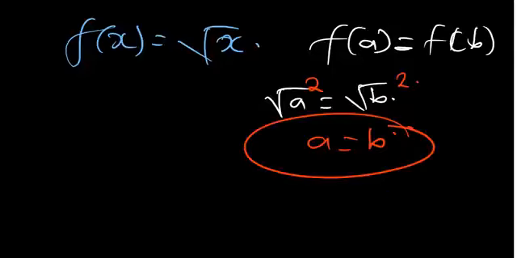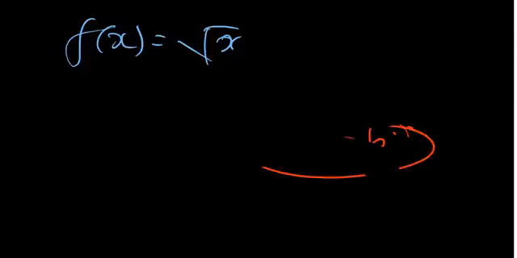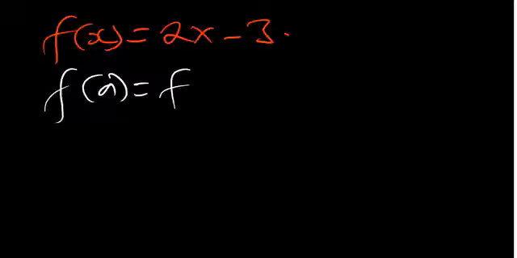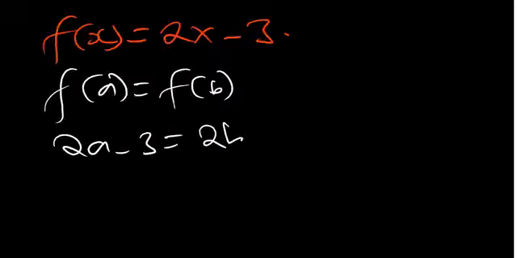Okay, so another example which we're going to have is very simple. Let's say we have f of x is equal to 2x minus 3. Let's see if this function is one-to-one. So a function is said to be one-to-one if f of a is equal to f of b. So as we can see, this is going to be 2a minus 3 has to be equal to 2b minus 3.